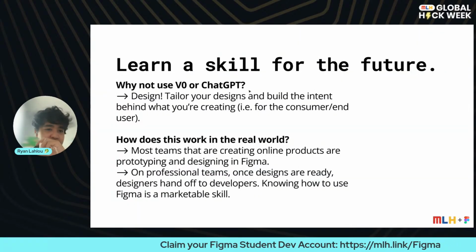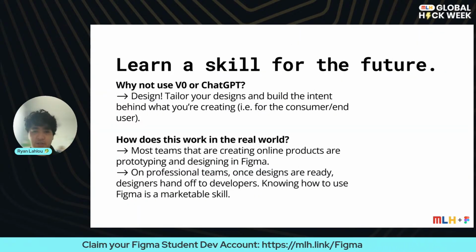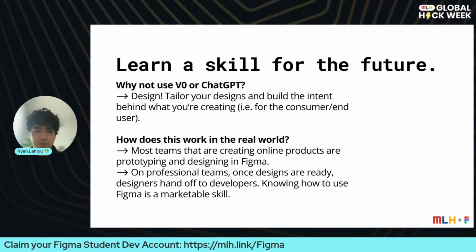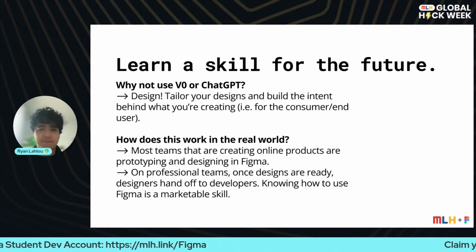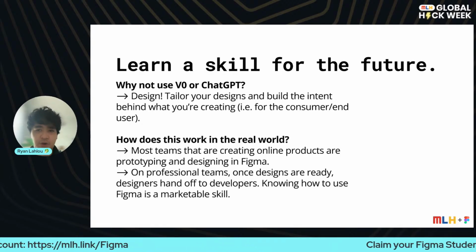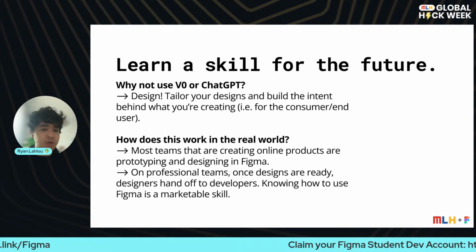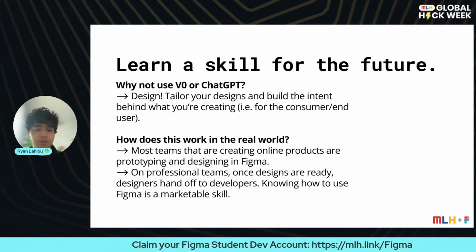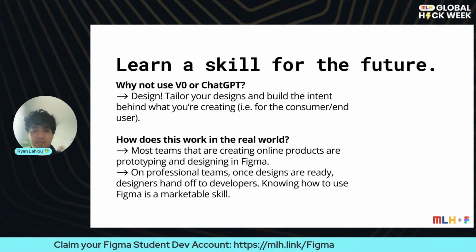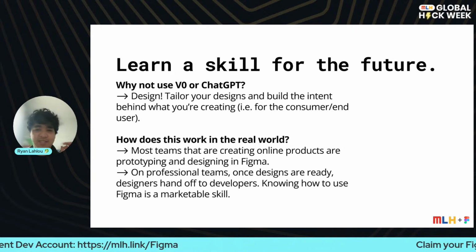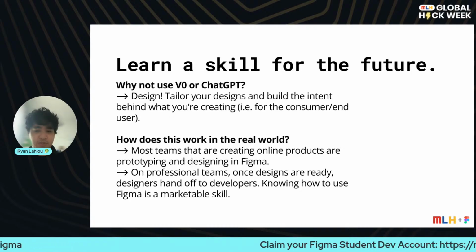So, saying all of that, you might ask yourself, why should you use Figma over using a tool like V0? For those who don't know, V0 is Vercel's AI UI builder, where you can build UI from prompts, or ChatGPT, where you can make code from prompts. And the quick, easy answer is it's all about design. By designing with Figma, you have a lot more opportunity to design and think towards the user.